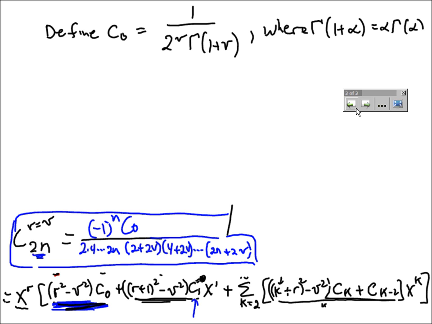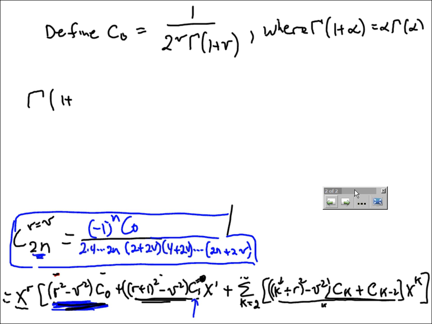That's what the function is. That's a property of the function. Now, let's see what that means. If you have gamma of 1 plus V, well, that's going to be V times gamma of V.